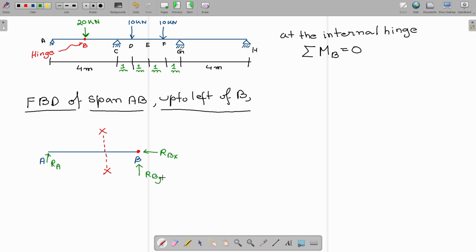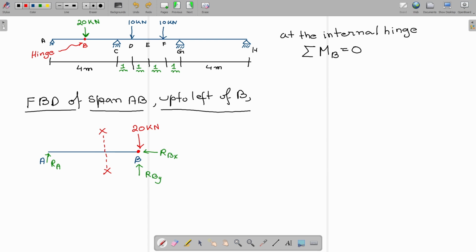Now at this section a 20 kilonewton load is acting also. This point is an internal hinge. Here in this diagram we have considered the left hand portion of B, that is, from A up till section XX.